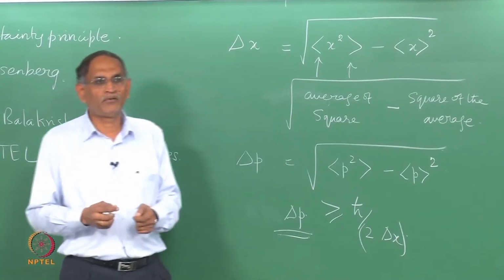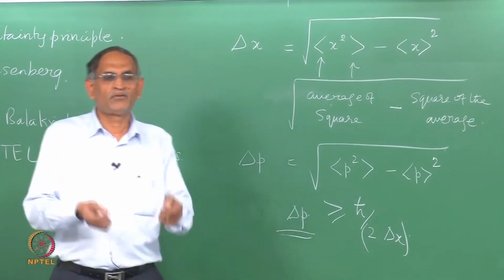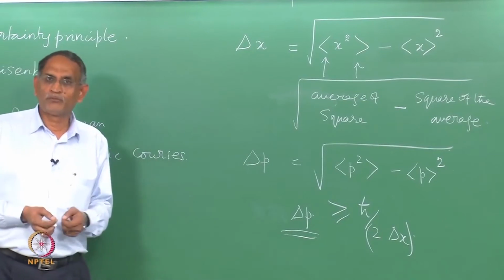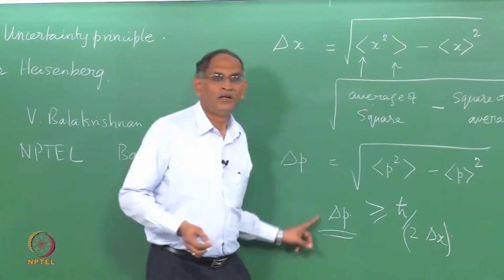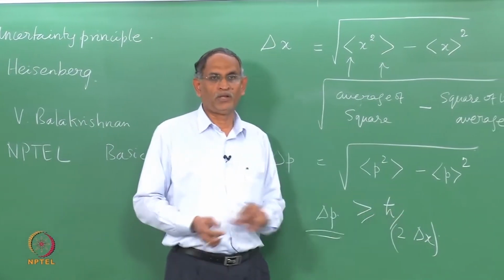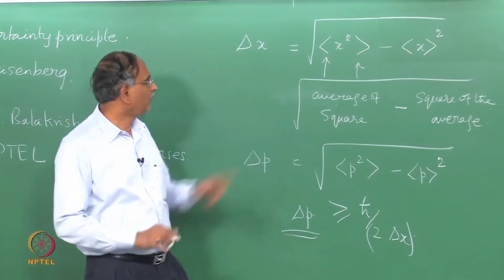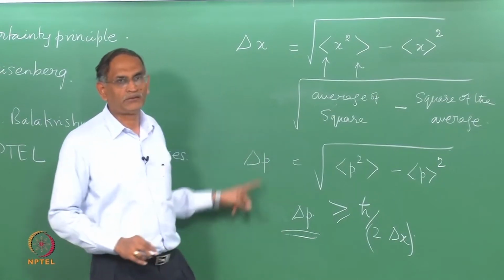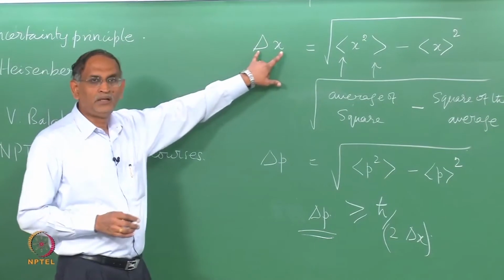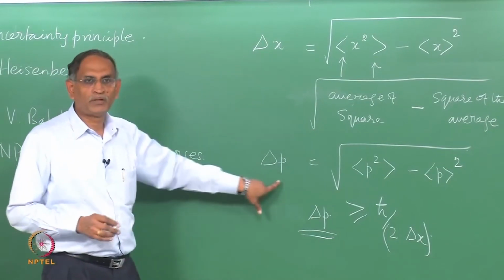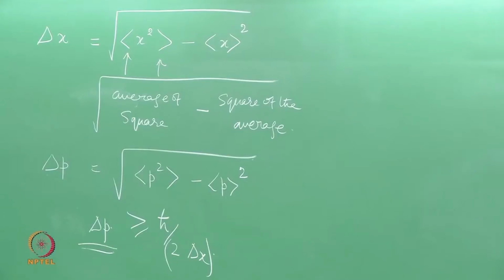It is not possible for us to control the uncertainties of both of them to an absolute minimum, except not to violate this particular relation. Okay. Therefore, this is one of the statements that you might see in textbooks very often regarding the uncertainty in the position measurement and uncertainty in the momentum measurement.